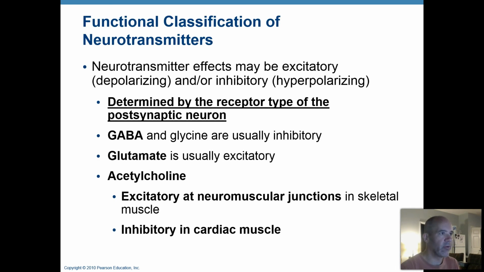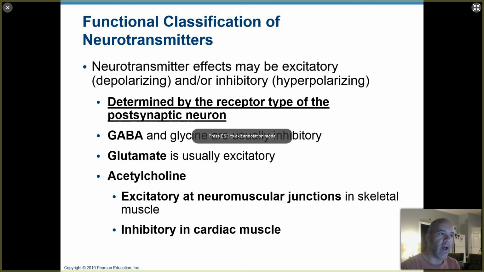So neurotransmitters can also be classified according to their function, in addition to their chemical structures, what the molecules themselves actually look like. And this is linking back to video lecture 7, where we talked about how a presynaptic neuron may try to excite or stimulate a postsynaptic neuron, or in other cases, the presynaptic neuron may try to inhibit the postsynaptic neuron.